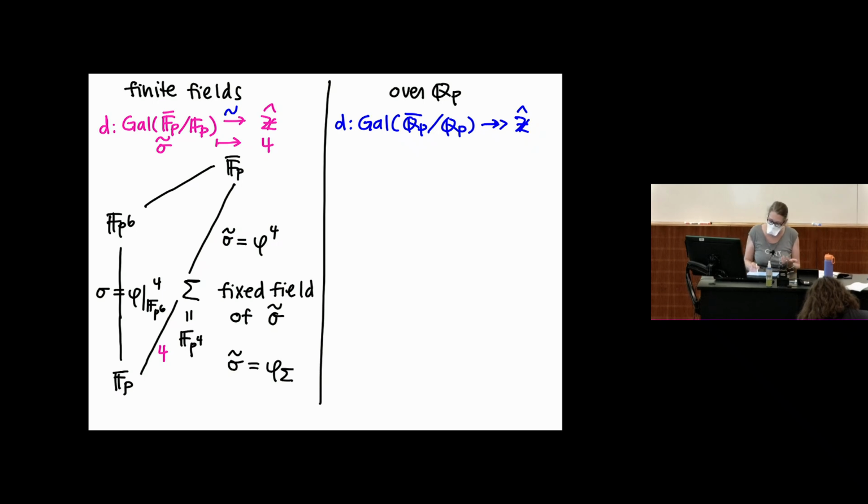Imagine for concreteness an element of the Galois group that comes from some finite extension. You restrict it to an unramified extension, and then it really is a power of Frobenius, and that's the grade you give this Galois element. So that's this map.